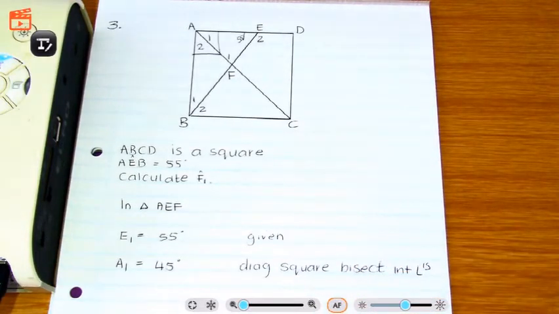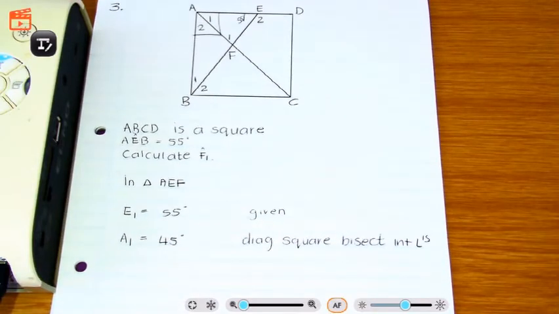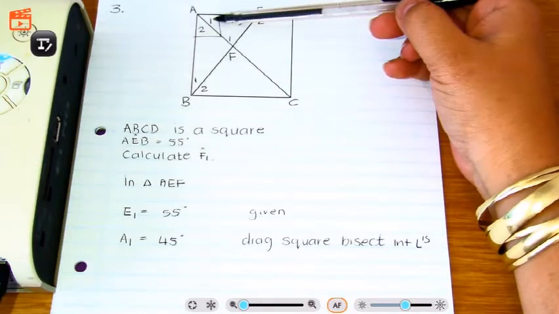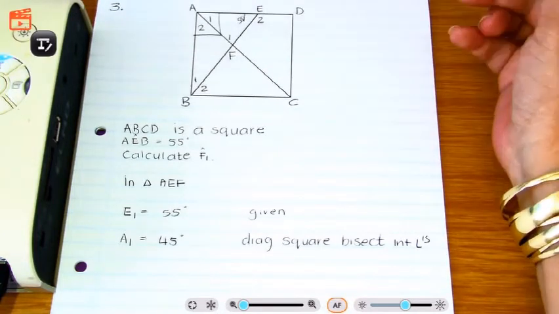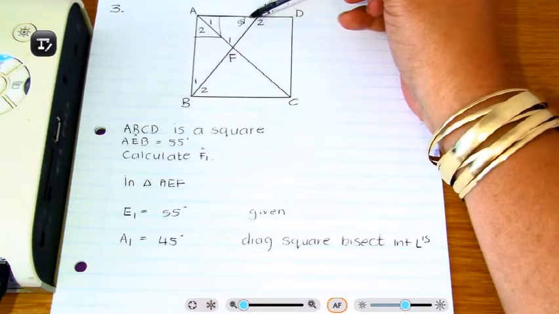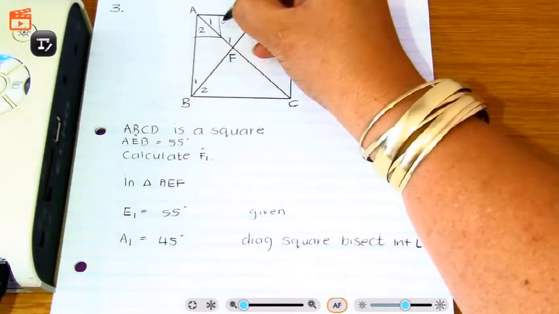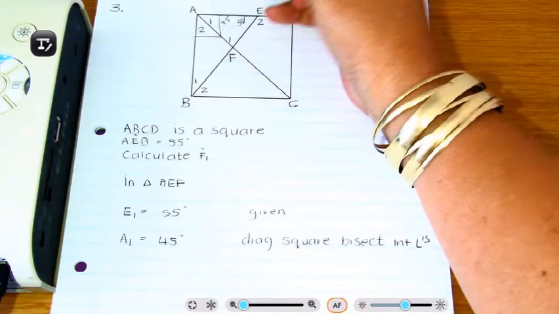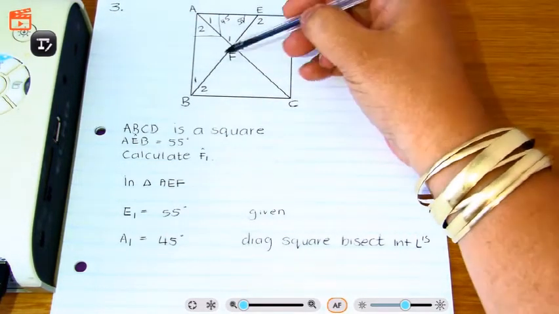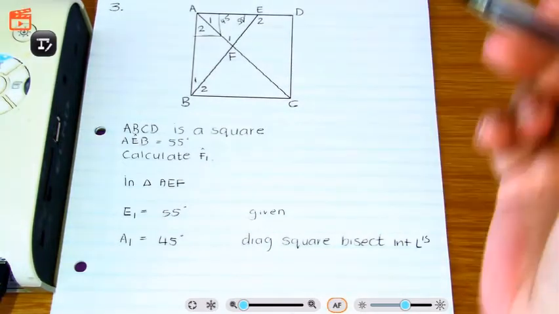Okay, so now that you would have only been able to know if you knew your properties of a square. If you didn't know the properties of a square, you would have missed that. Okay, and now you can see in this triangle we have got E1 is 55, we've got A1 is 45, and from there we know the interior angles of a triangle are equal to 180 degrees, so F1 is easy for us to work out.